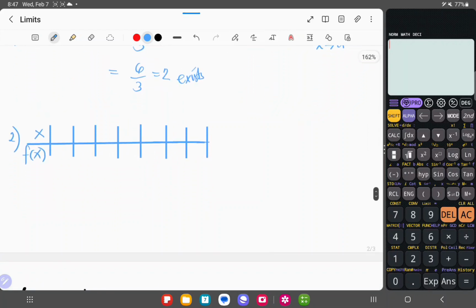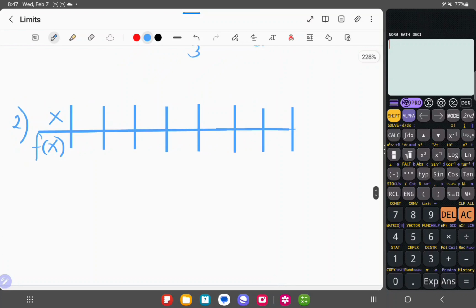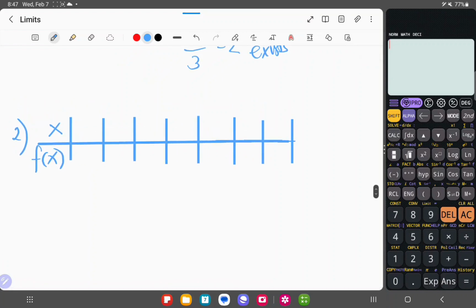Now, for the second condition, we have to determine if the limit exists. So our given function is f of x equal to x plus 1 over 3. And we know that the value of x is approaching 5.